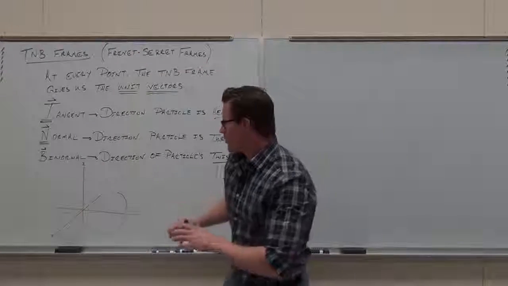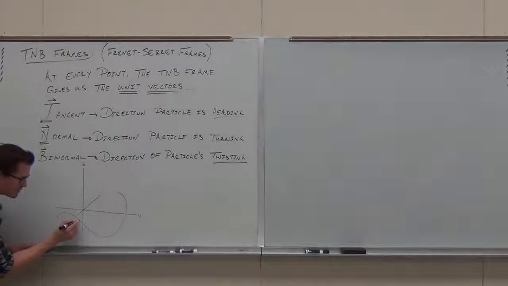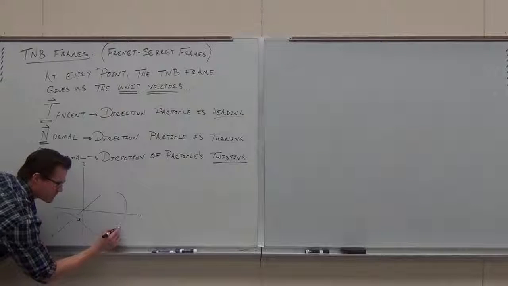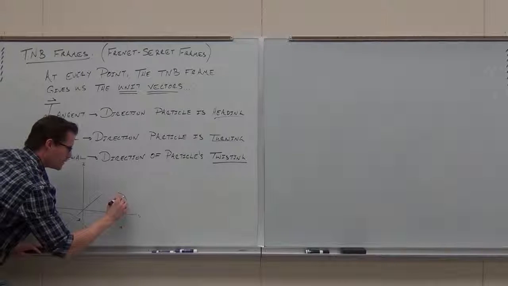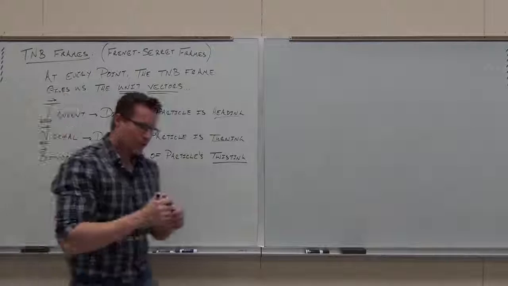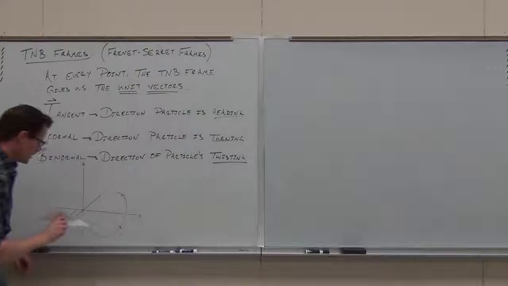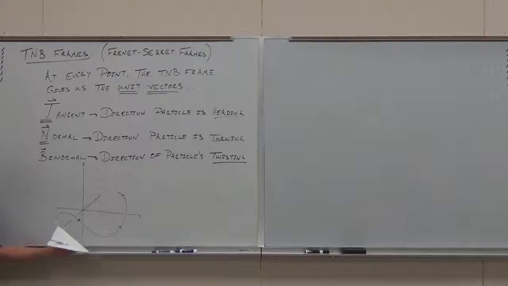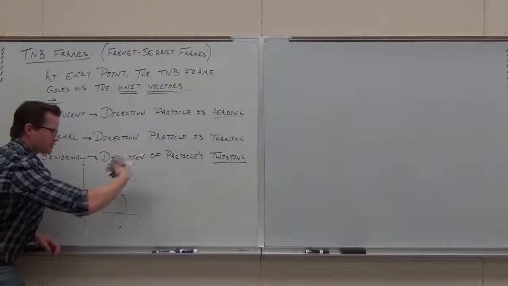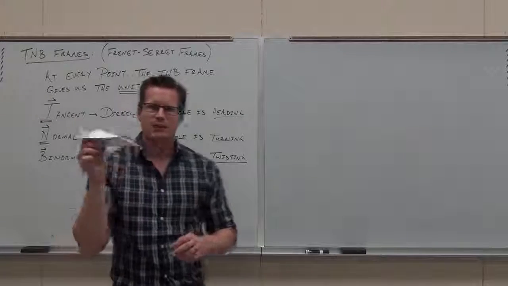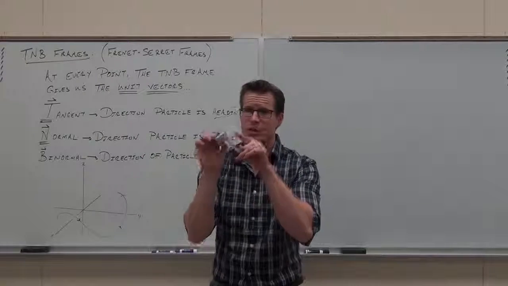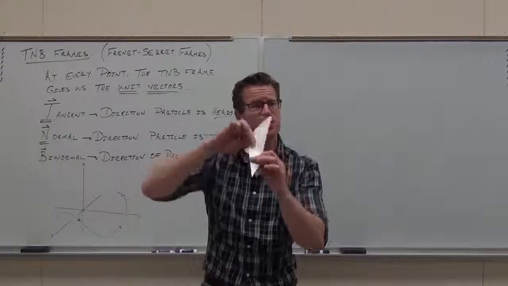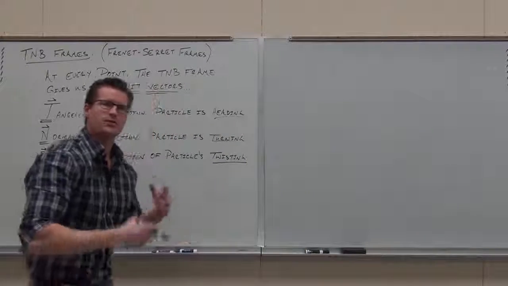So what's going on? If this has a certain orientation to it, it's traveling through space. What are airplanes doing? This guy's coming up, maybe it's banking down, turning up, turning around, and going back the other way. At every moment in time, this airplane has a specific heading, has a specific direction it's turning, has a specific way that it's twisting. That is what the TNB frame describes.